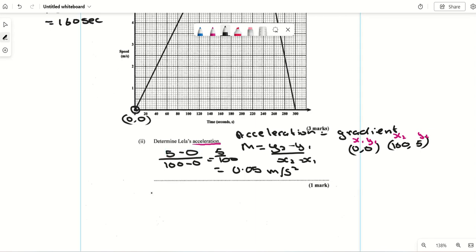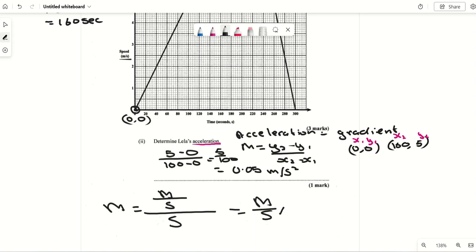Your y-axis is in meters per second, so to find your gradient, m, this was meters per second, or meters over seconds, all over seconds. So this is meters over seconds divided by seconds, which means meters over seconds multiplied by 1 over s.